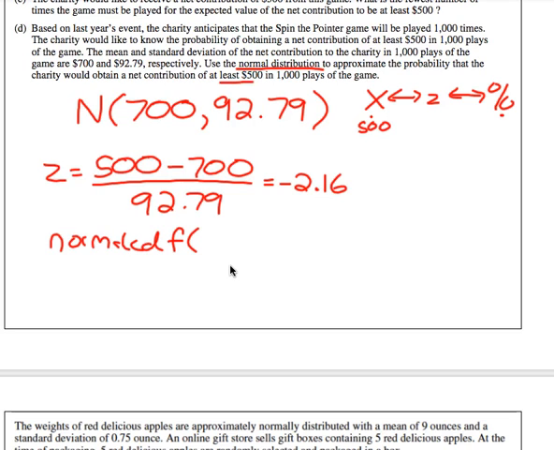We want at least 500, so we're going to be taking that negative 2.16 and going upward. So normal CDF from negative 2.16 up is going to give a probability above 0.9846. So if they actually get 1,000 plays of this game, again, we're in good shape. There's over a 98% chance they're going to get the $500 that they're looking for.